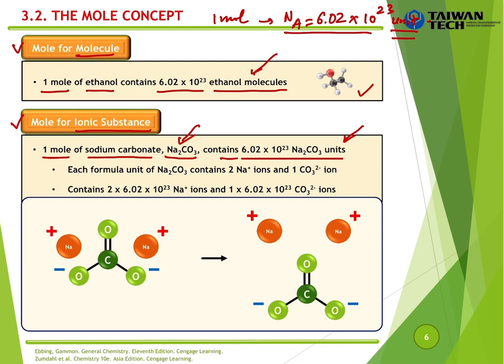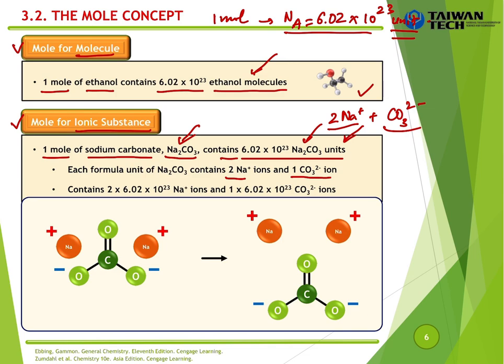In our ionic substance we have ions inside, and in Na2CO3 we have 2 Na plus and CO3 2 minus. We have 2 cations and 1 anion here. So we have 2 Na plus and 1 CO3 2 minus ions.